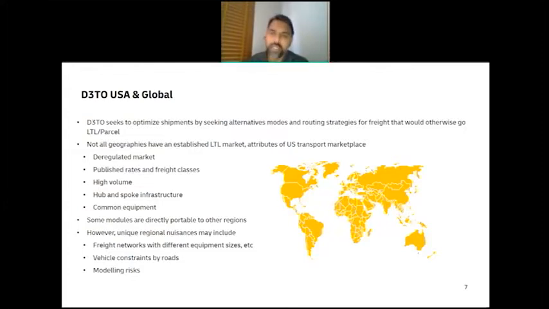In aggregate, you look at all those aspects, and we try to incorporate that in our current version and make it a global tool as opposed to just US centric.